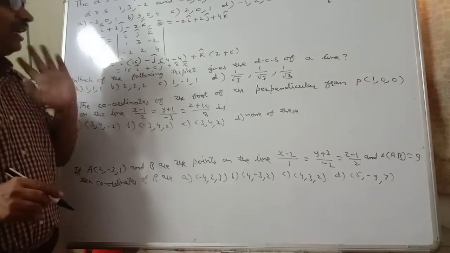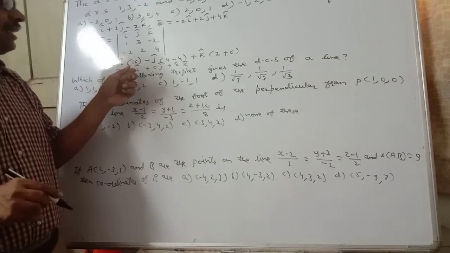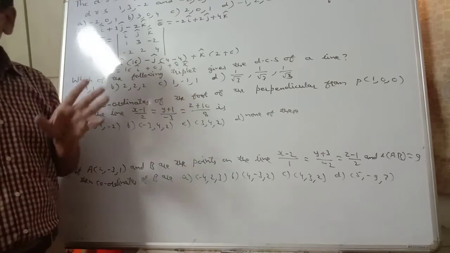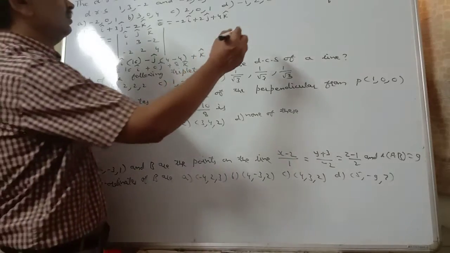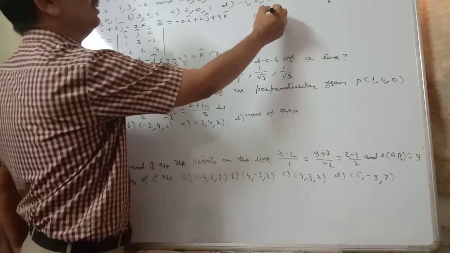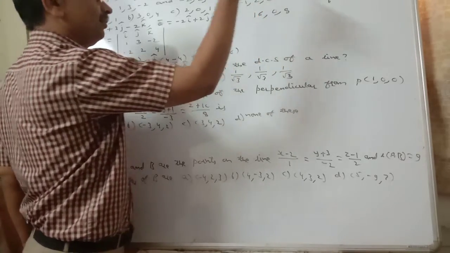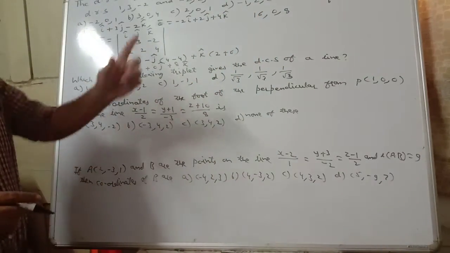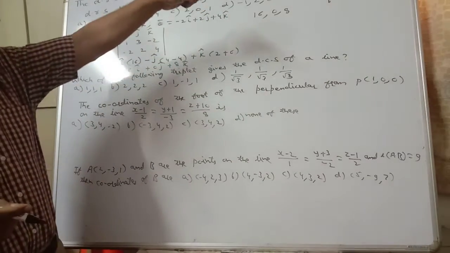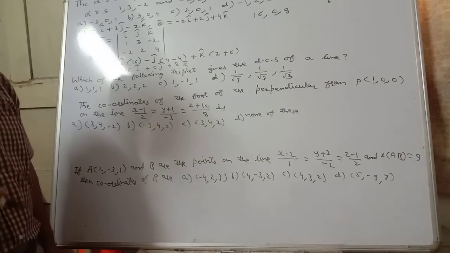This is a vector quantity. Direction ratios of vector, they are coefficients of unit vectors i, j, k. So here direction ratios are 16, 0, 8. These are the direction ratios for b bar cross c bar and same are direction ratios of required line.